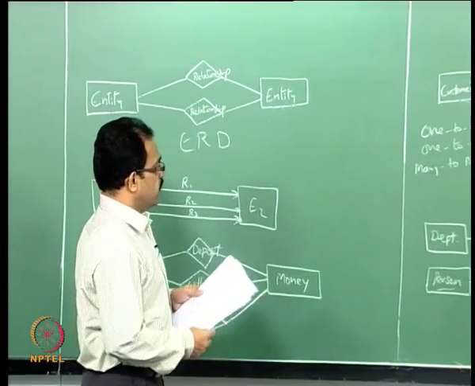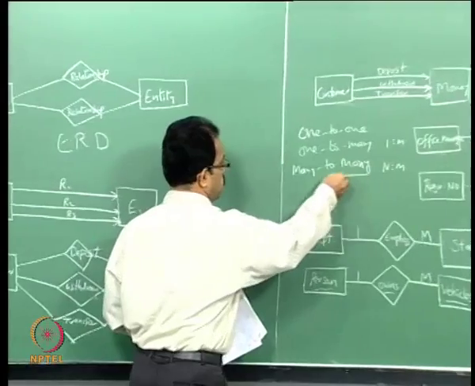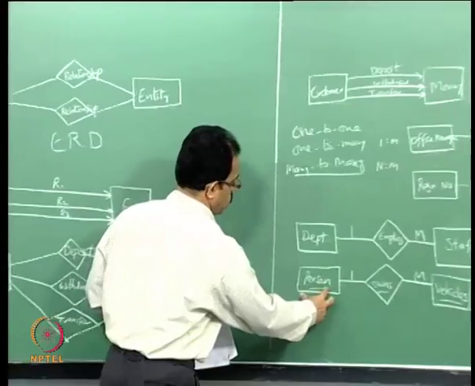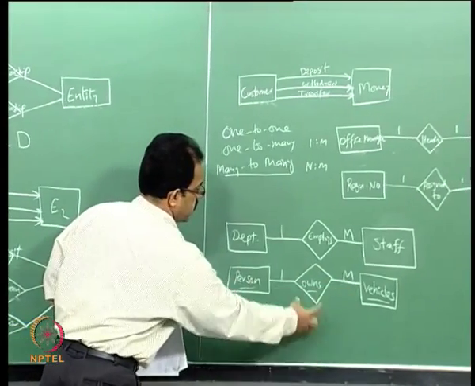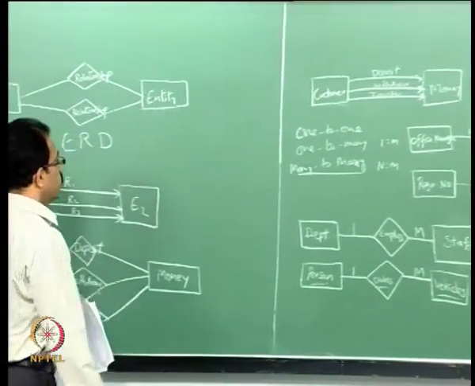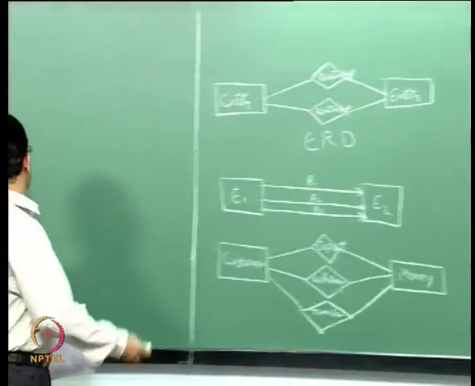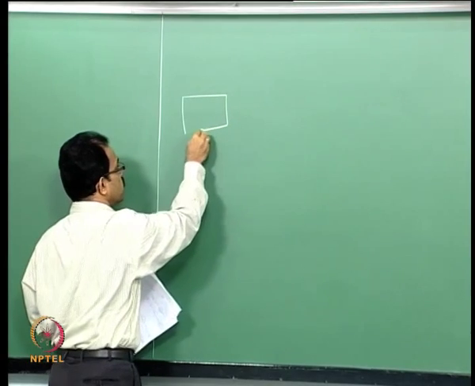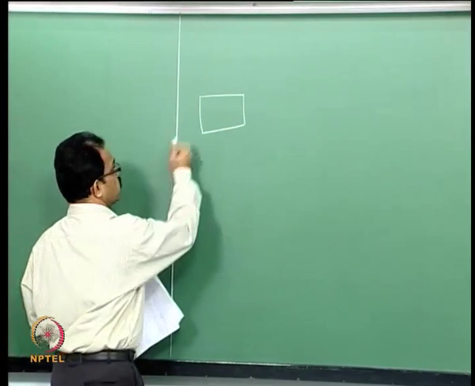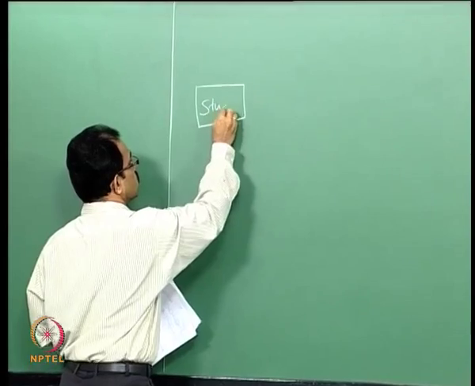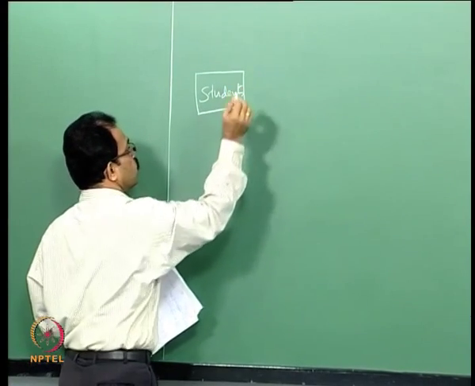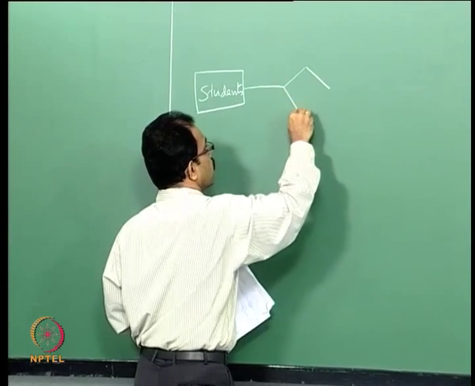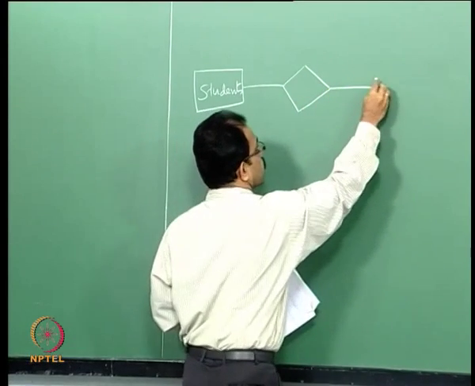The same way you can have a many to many relationship also. In a many to many relationship, you will have many entities interacting with many other entities through a single relationship. Take the example of a reservation system or students registering for courses: the students as an entity, then courses.